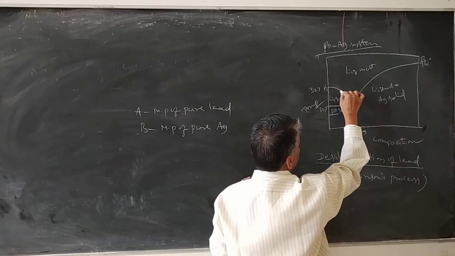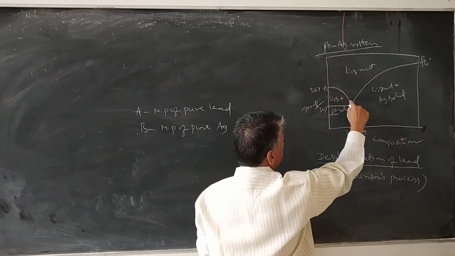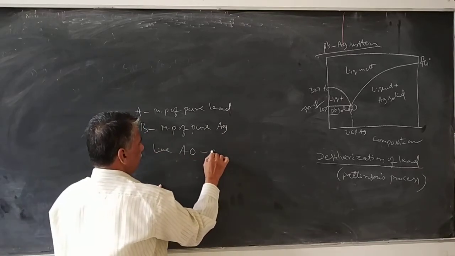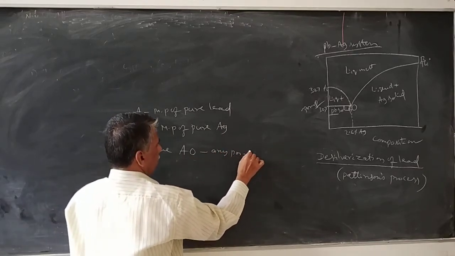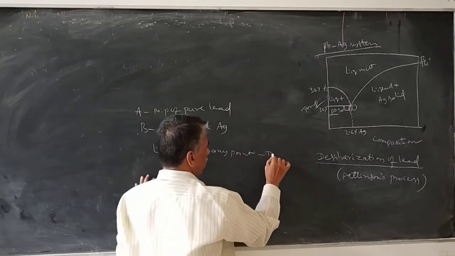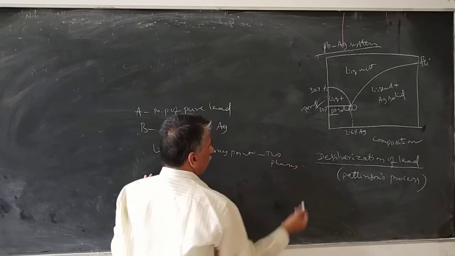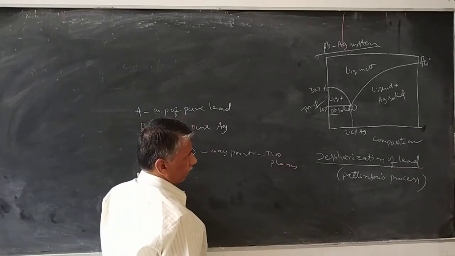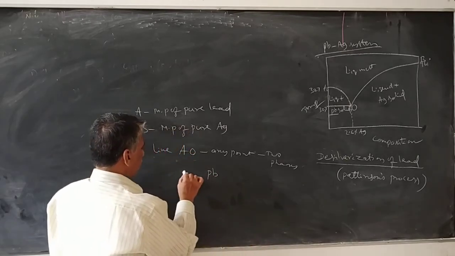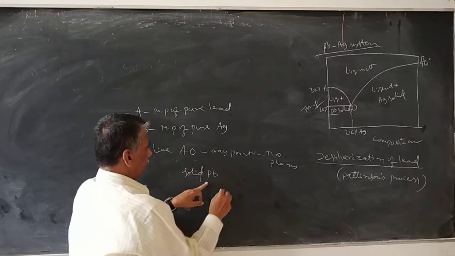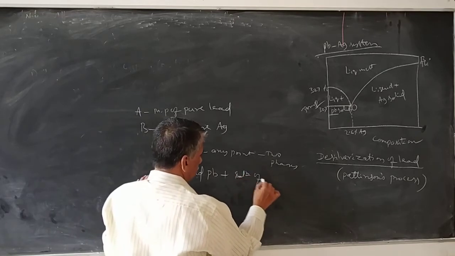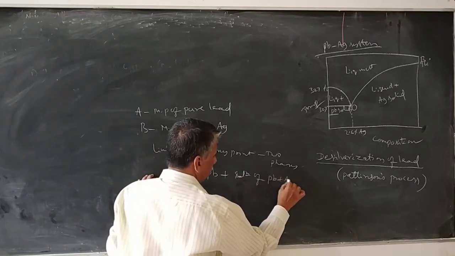So on this line, you take any point on the line AO. It consists of two phases. What are those two phases? Solid lead plus the solution of lead and silver.